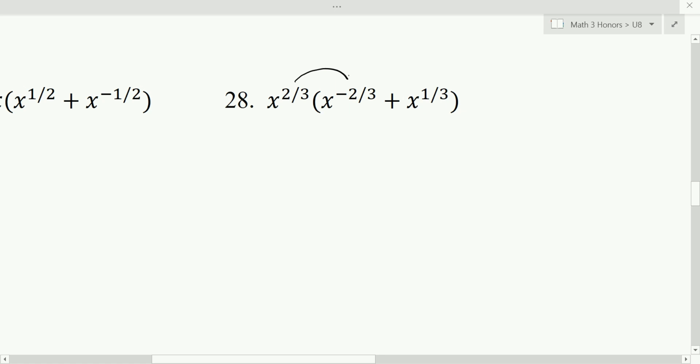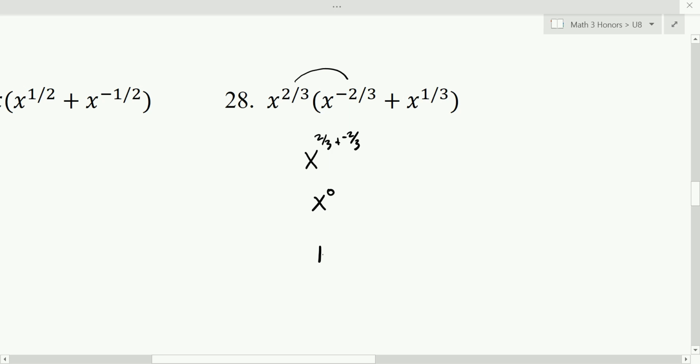So what is x to the 2/3 times x to the negative 2/3? It's 1. Because when I multiply these, I have x to the 2/3 plus negative 2/3. That's x to the 0, and anything to the power of 0 is 1.